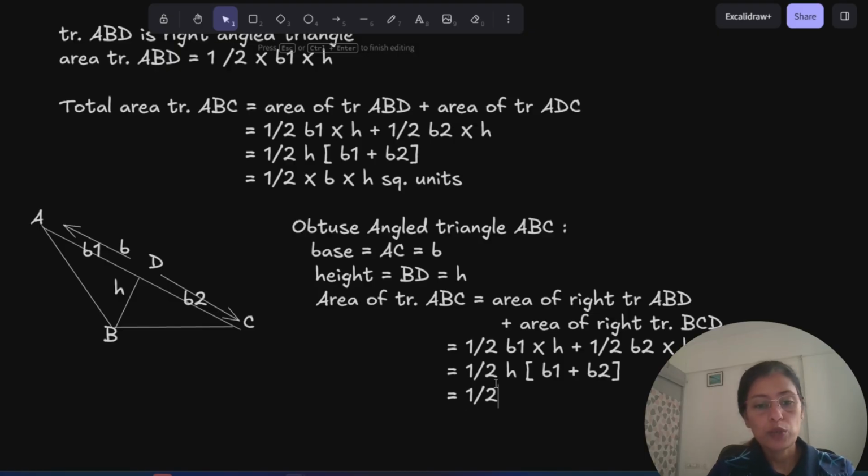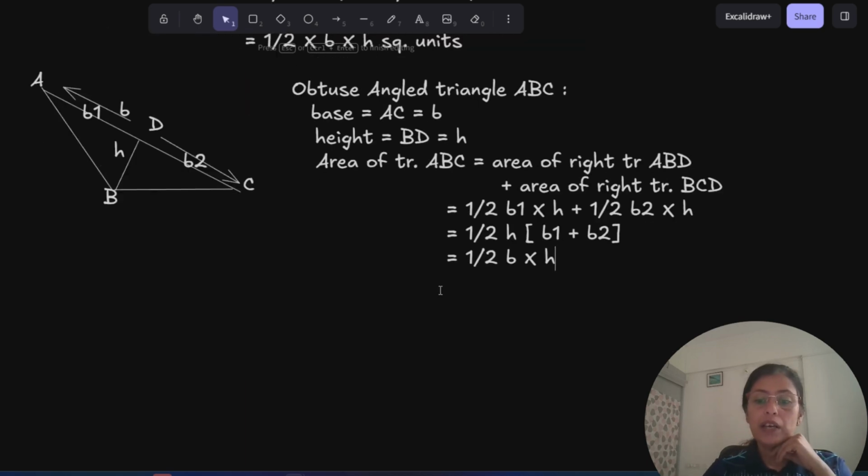B1 plus B2 we know already, that is equal to B. So this will give us half of B into H. Again, for obtuse angle triangle also, it's the same, half of B into H. So basically for any triangle, whether it is acute, whether it's a right angle triangle, whether it is an obtuse angle triangle, it's going to be half of base into height.